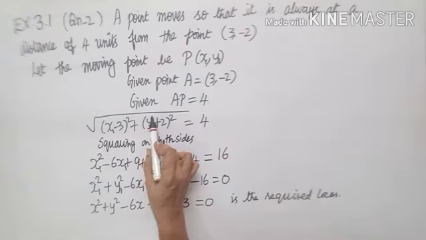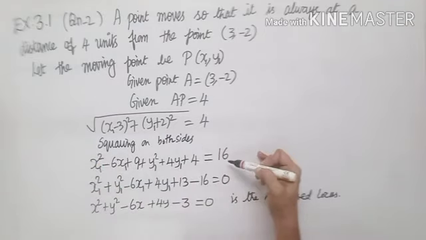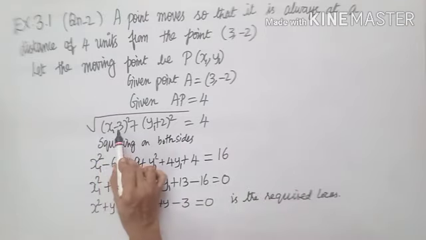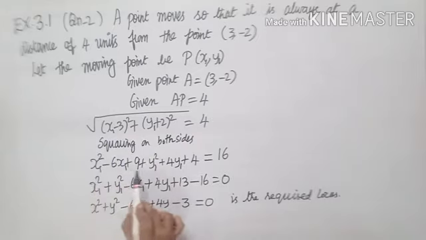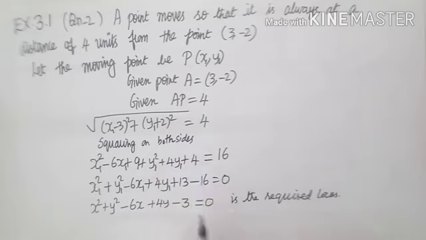Whenever we have a square root, let us square on both the sides. Root will get eliminated. 4 becomes 16. Expand this, (a minus b) the whole square: a square minus 2ab plus b square. Similarly, (a plus b) the whole square: a square plus 2ab plus b square.